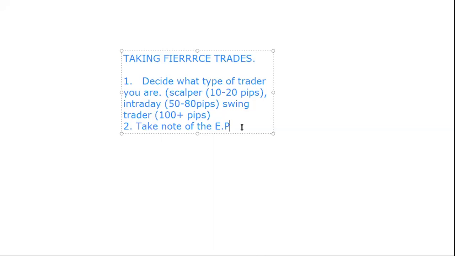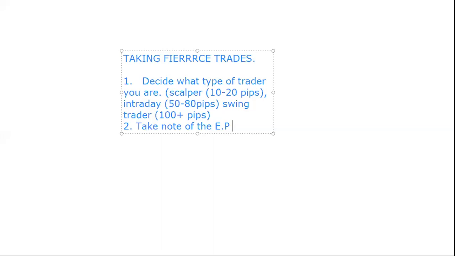Then also about EP, before you enter a trade, after you've observed the entry point, watch out on your lot size. This is a mistake I made because I don't want you to make it. Maybe on your demo you had a lot size of 1.